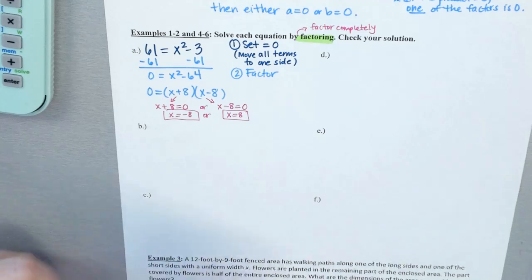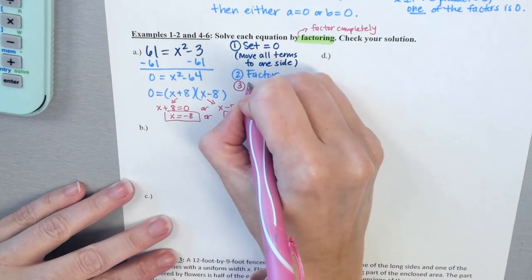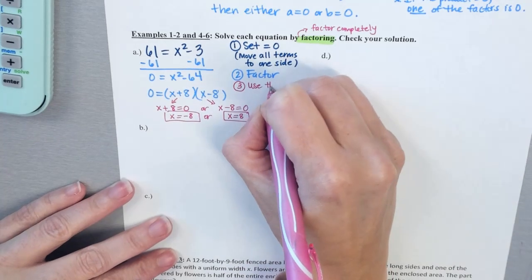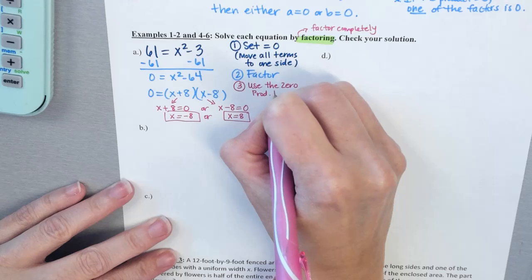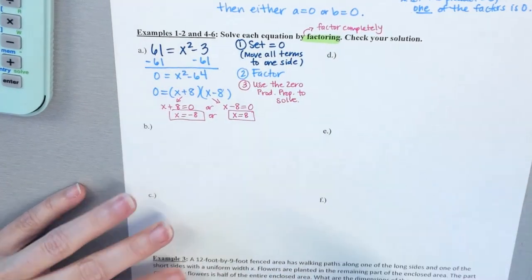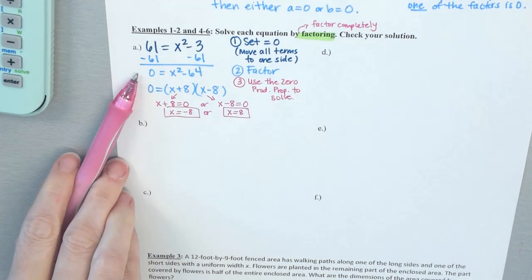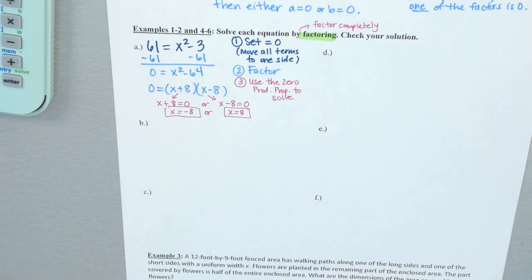Okay, so then your last step is use the zero product property to solve. So you set equal to 0, factor, set each of the factors equal to 0, and then you can solve.